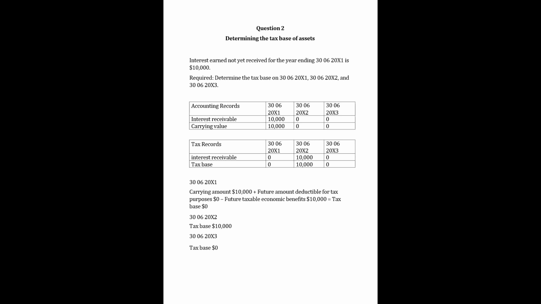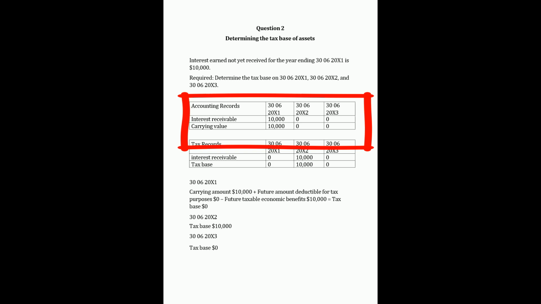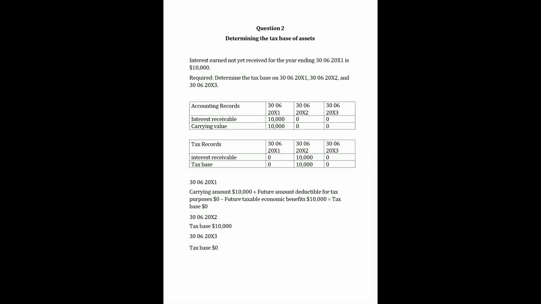So let's construct our accounting records. Interest receivable is 10,000. It's an asset. It's a current asset, and the carrying value is 10,000. In X2, that interest is going to be received as cash. Therefore, there is no interest receivable in X2 in the accounting records, and therefore in X3 as well.